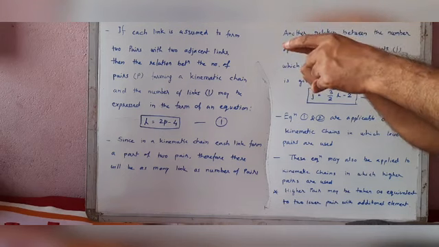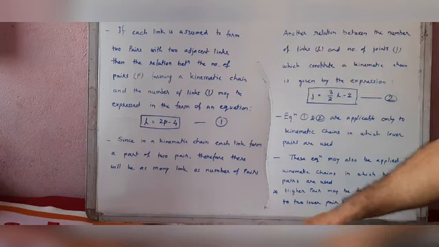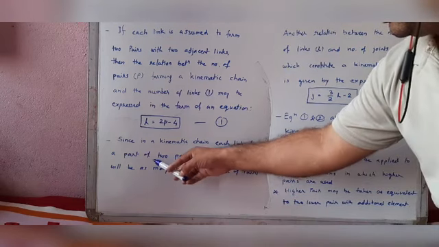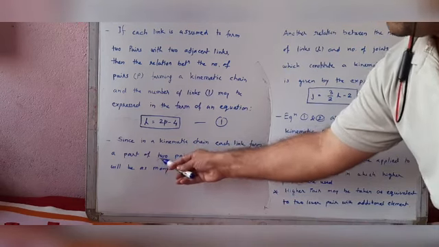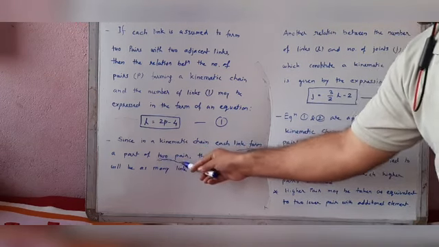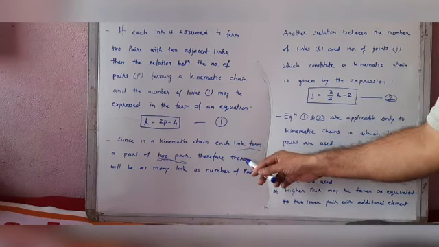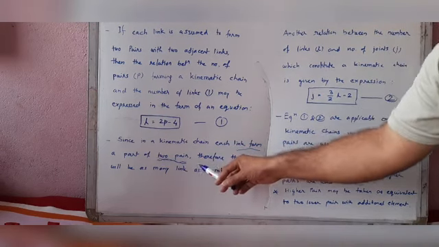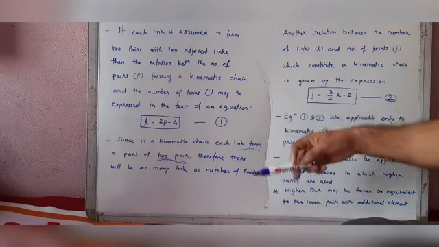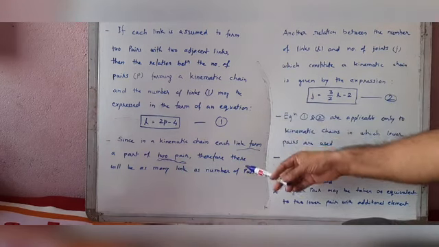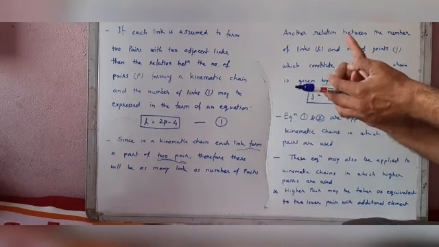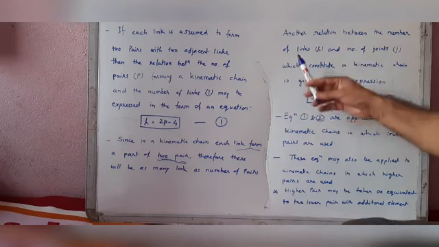So any link forms a part of two pairs. Therefore, there will be as many links as pairs. If the number of pairs increases, then the number of links also increases, and vice versa.